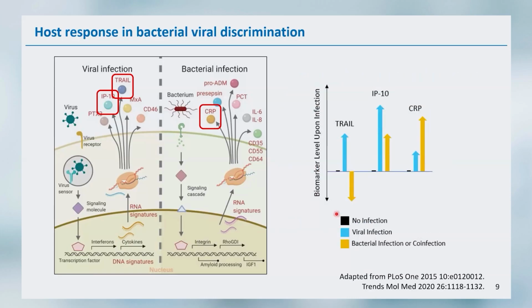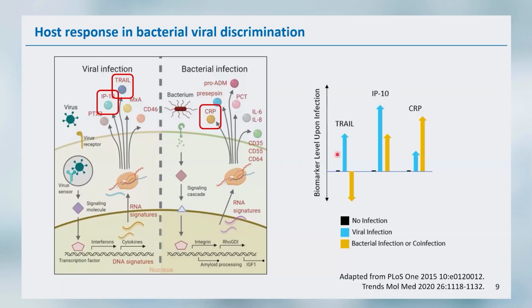Upon infection, TRAIL, IP10, and CRP are all induced by viral infection to different levels, with IP10 being quite high in viral infection, TRAIL also very high, and CRP elevated, but not as high as is seen in bacterial infection.